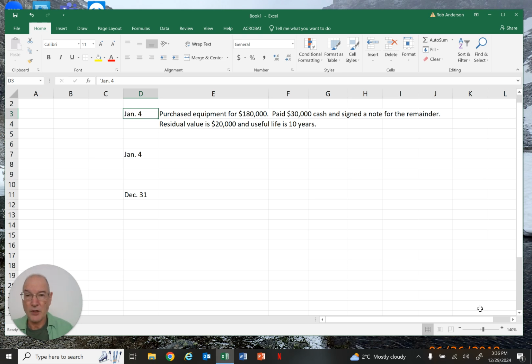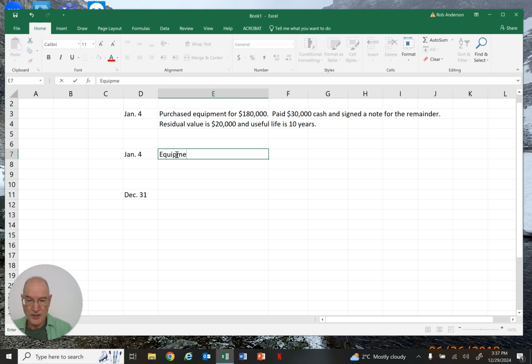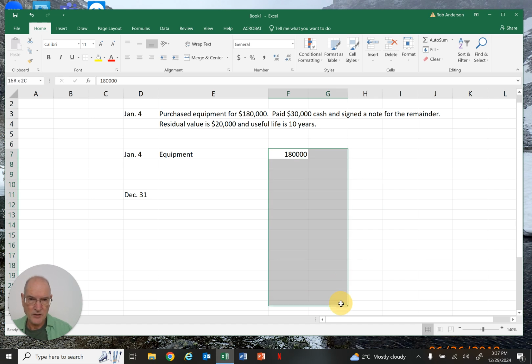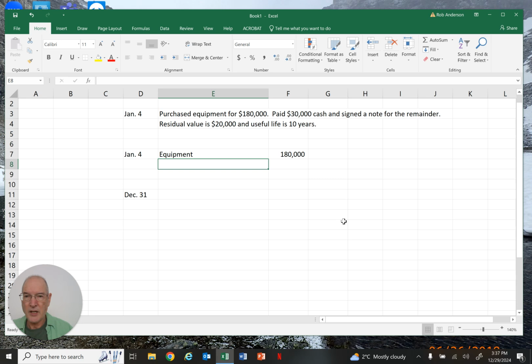So let's start with just journalizing this transaction. I thought that might be good practice for us. So here is our equipment, and that's $180,000. And we'll just format that. And it's partly note payable and partly cash.